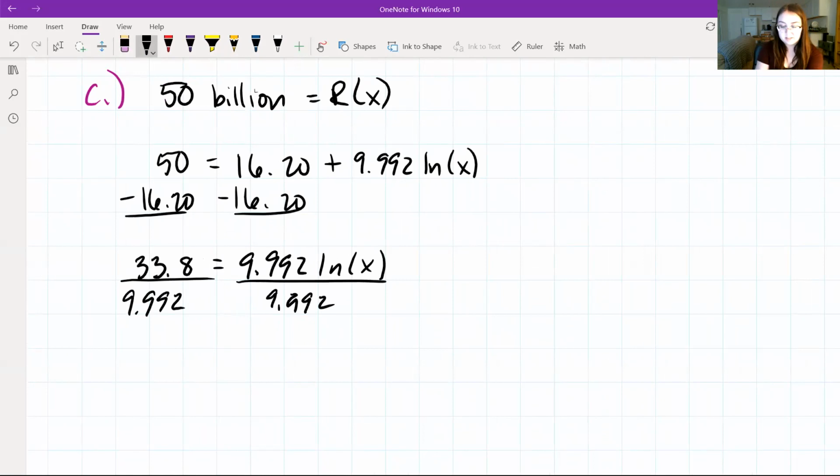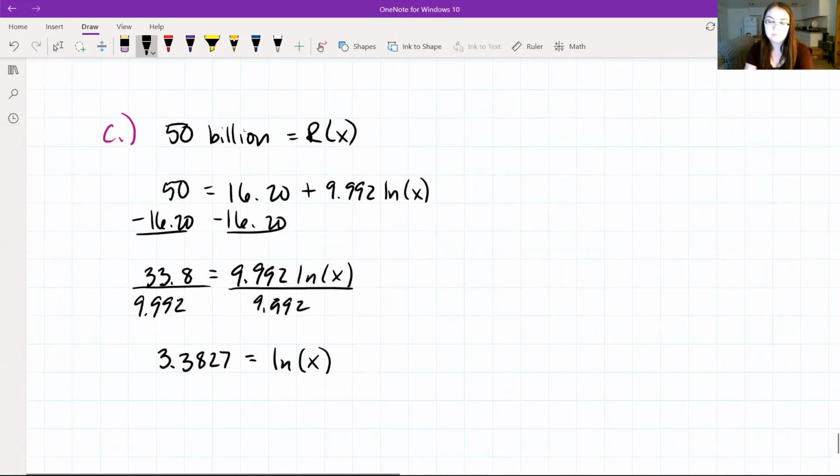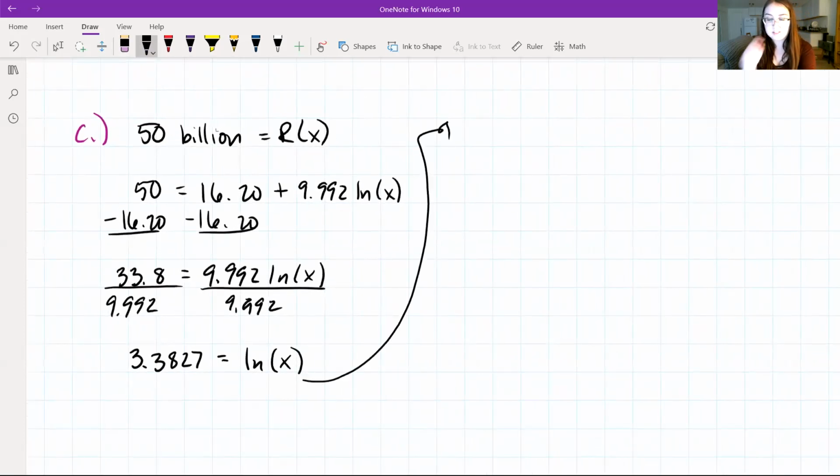This gives us 3.3827 is equal to the natural log of X. I'm going to pull this up here so it doesn't get too long, so we can view everything at the same time.